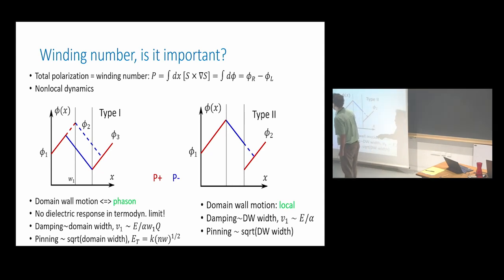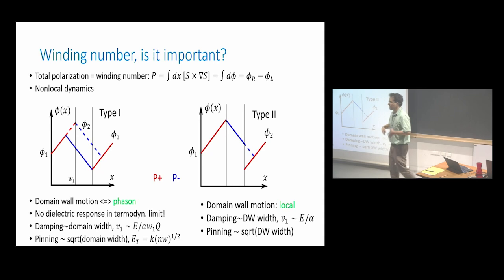Only changing phi 1 and phi 3 will lead to the change of the P dot E term. So in this system, due to all this twisting, the electric field doesn't change the phasons in the middle. There can be any number of domain walls, but the electric field only couples to the phasons of the outermost walls.